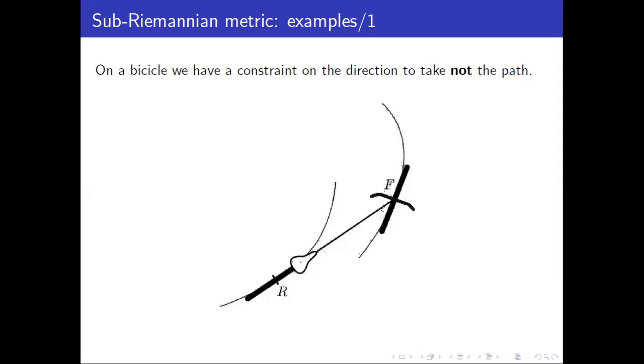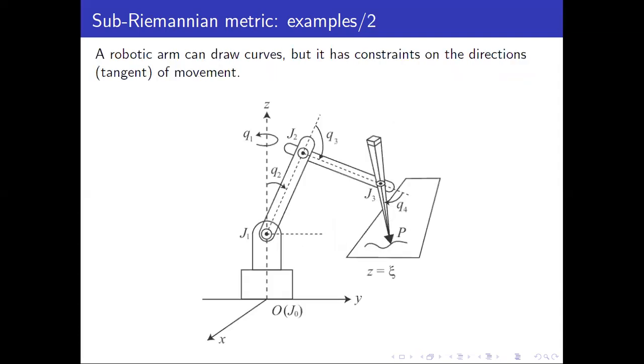That is the research I'm doing now. I find it very funny with my students. One is a doctor. So that's an example, I did the example of the bicycle. This is an example of a robotic arm. Evidently, the robotic arm has a constraint that allows it to move only in some directions, exactly like the bicycle in some sense.